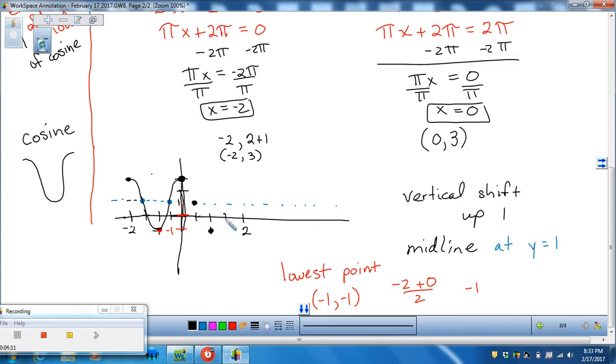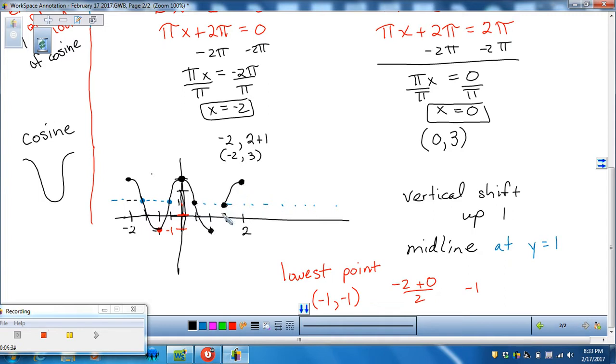If I go over another 1/2, I will be crossing the midline again. And then if I continue on, I will be back up at that maximum point, the height, when I get to 2. Notice that when I'm graphing, I always divide my graphs into fourths.